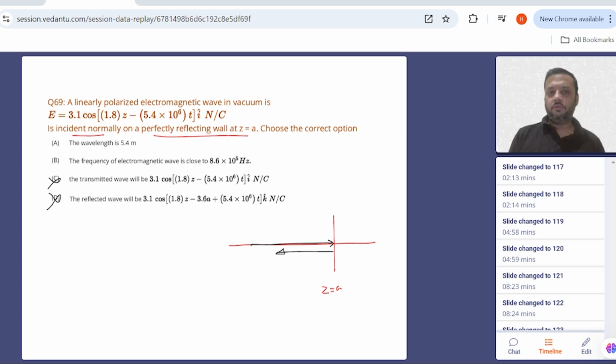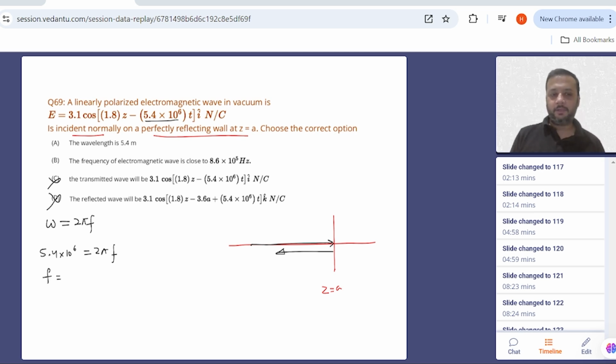Now the frequency of this electromagnetic wave can be found using omega equals 2 pi f, where omega is the coefficient of time, which is 5.4 into 10 to the power 6.